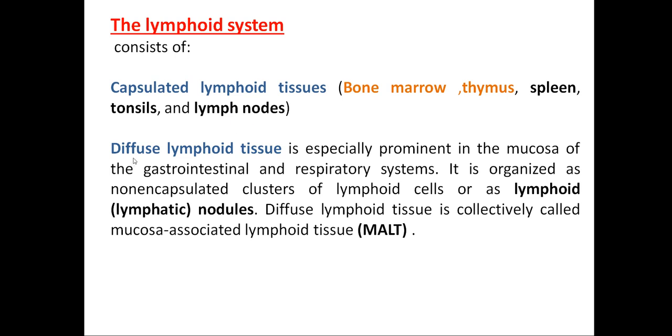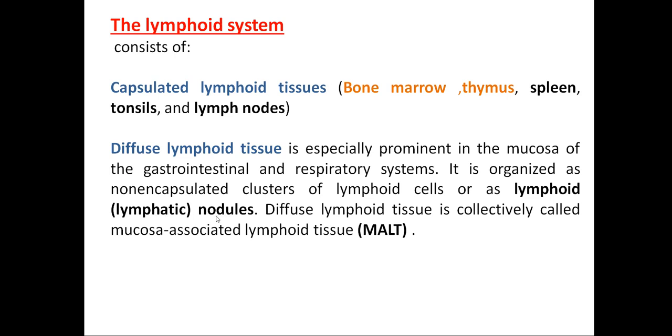While the encapsulated or diffuse lymphoid tissue, diffuse means spread out. Where is it spread? In the gastrointestinal and respiratory systems. The diffuse lymphoid tissue is represented by the lymphatic nodule.